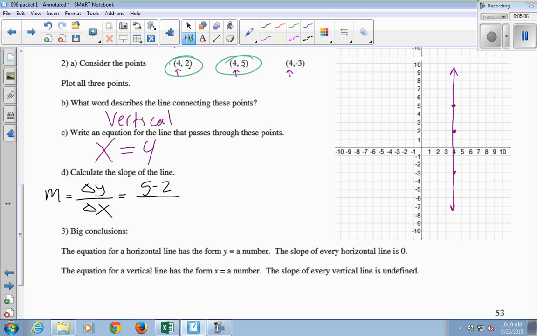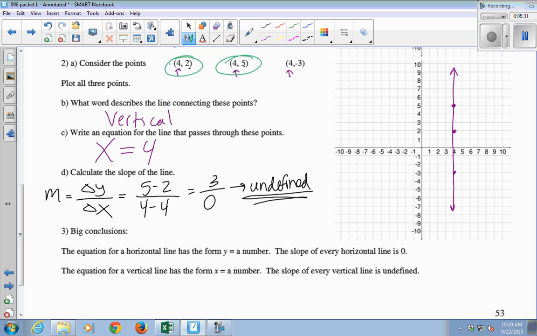Then I have to do 4 minus 4 on the bottom. So that's 3 over 0. What is 3 over 0? I heard a couple different answers: 0, 3. It's undefined. You can't divide by 0.